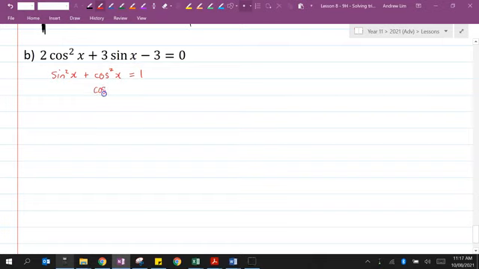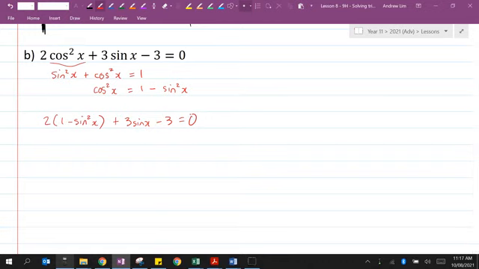So that means cos squared x is equal to 1 minus sine squared x. So I'm going to substitute that into where it says cos squared x. So I've got two lots of 1 minus sine squared x plus 3 sine x minus 3 is equal to 0. And now they're all in terms of sine.